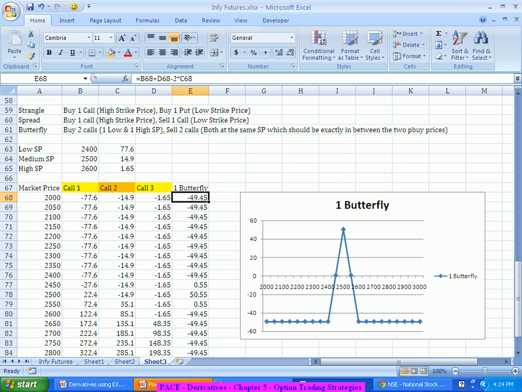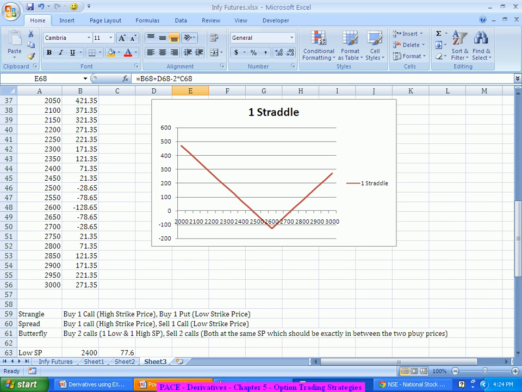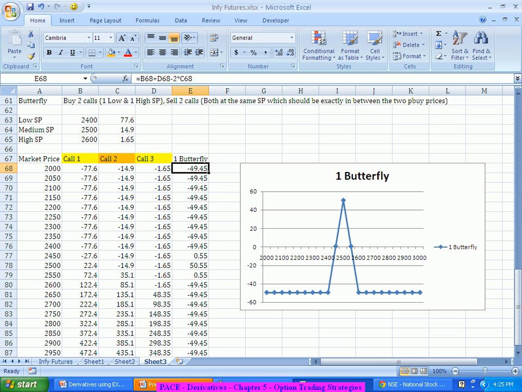The better strategy for it is to go for a butterfly, because it does not fluctuate much. So I'll make a profit only when the fluctuation is very less. It's just opposite to a straddle. If you see, straddle wise, I can make a profit when the volatility is very high, whereas butterfly wise, I'll make a profit when the volatility is very less.